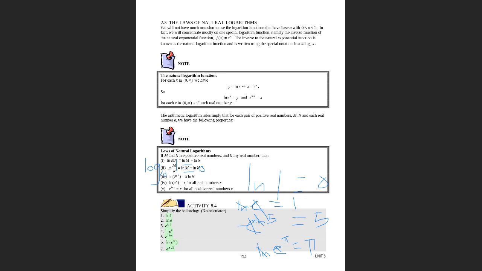Here we have e^(2 ln i), which from the laws of exponents is e^(ln i squared). The e cancels out the ln, and we have i squared.